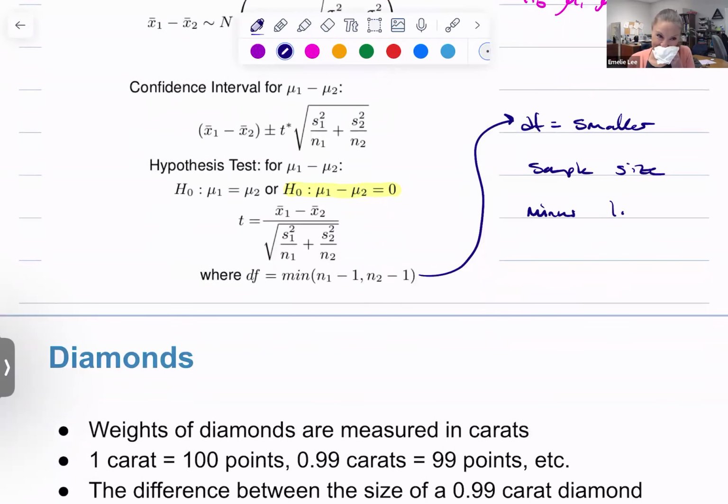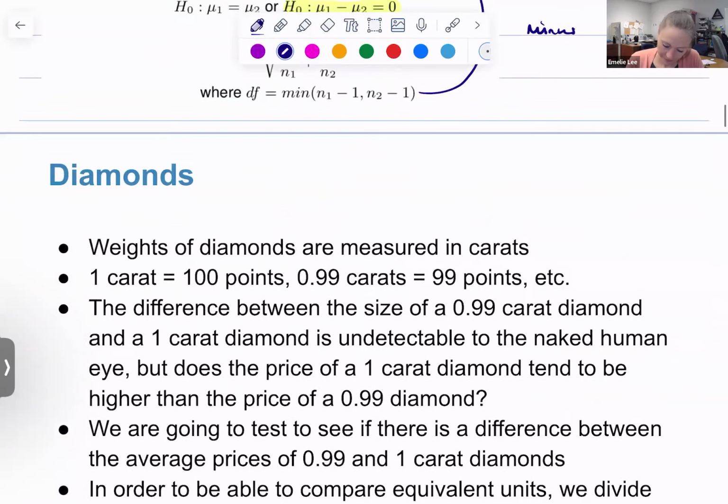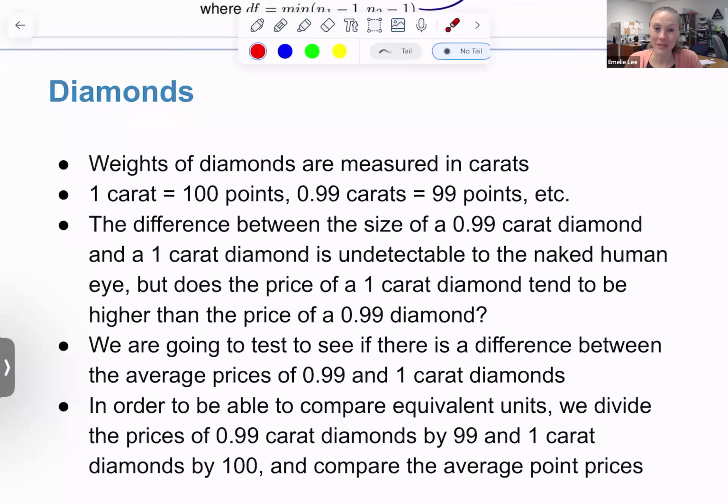I think we're ready for an example. Let me check the time. Okay. So our example is about diamonds. In case you are unaware, weights of diamonds are measured in carats. So 1 carat, we're going to call it 100 points, and 0.99 carats is going to be 99 points.